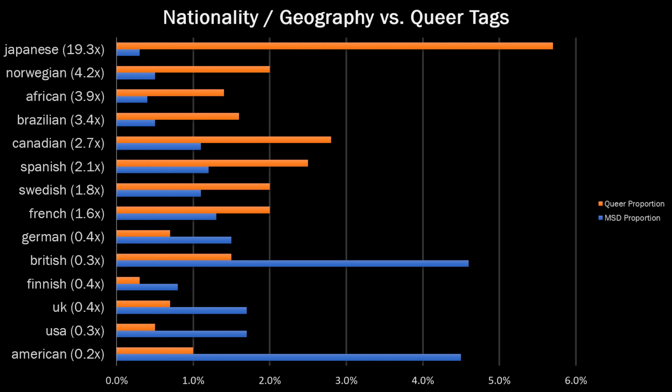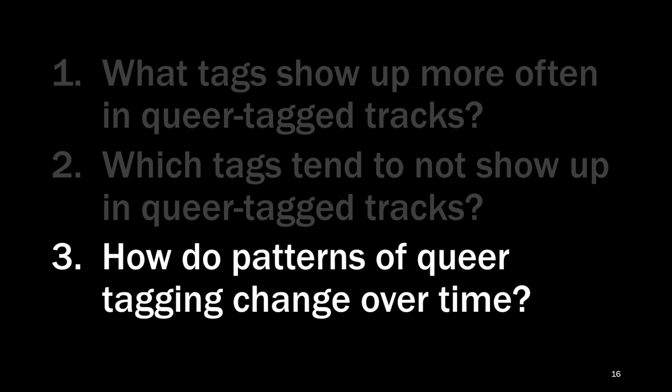Much of the rest of this chart is likely statistical noise, in my opinion, although I have had some people suggest to me that Eurovision and the popularity of Eurovision may contribute to some of these European countries looking more queer than non-European countries. And, of course, America is, once again, at the bottom, both the tag USA and American. I'm not too surprised.